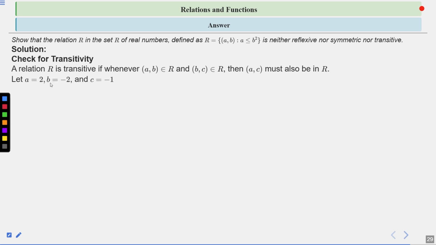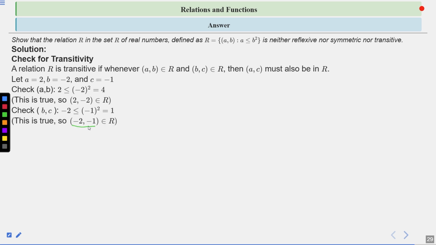So picking a, b, c as 2, -2, -1. For (a, b), 2 is less than or equal to (-2) squared, which is true, meaning (2, -2) belongs to R. For (b, c), -2 is less than or equal to (-1) squared, indeed true. So (-2, -1) belongs to R.